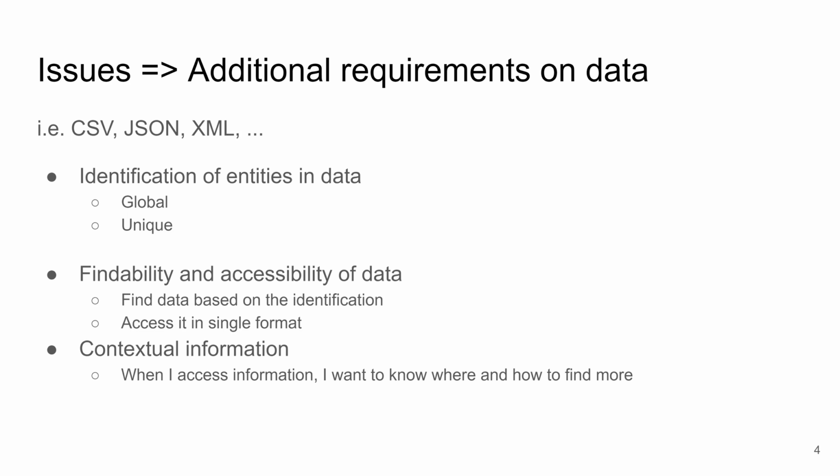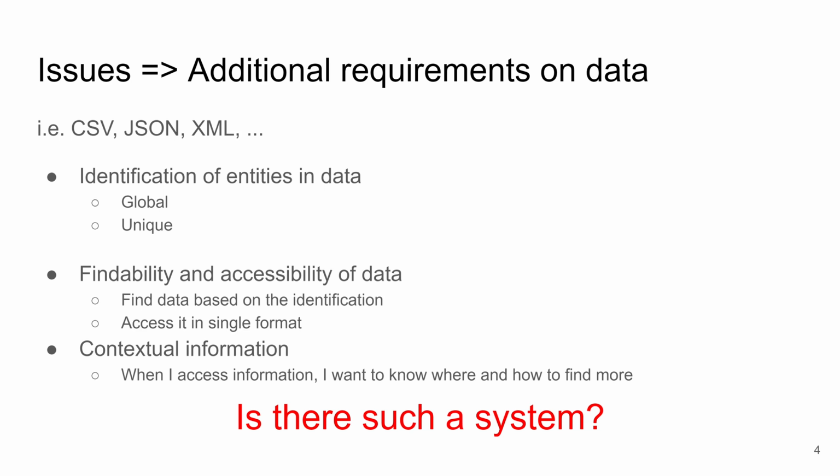And finally, we would like to have some contextual information with the data. So once we get the data, we could also get some pointers to where to get additional data if we are interested. So now the question is, is there such a system that would actually fulfill these requirements?